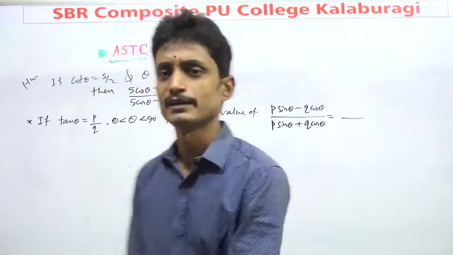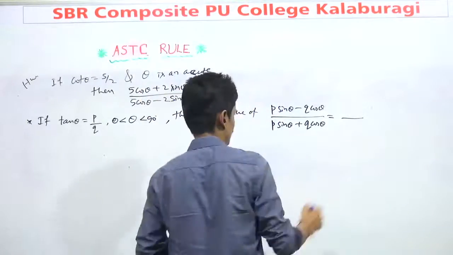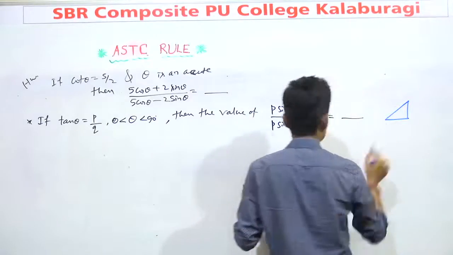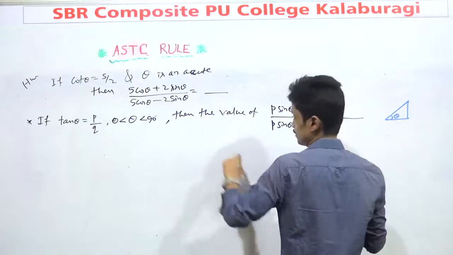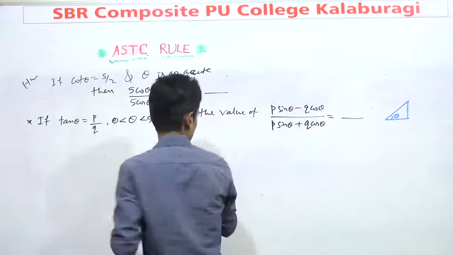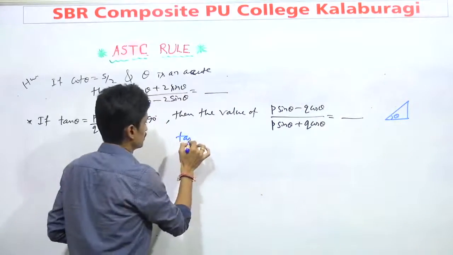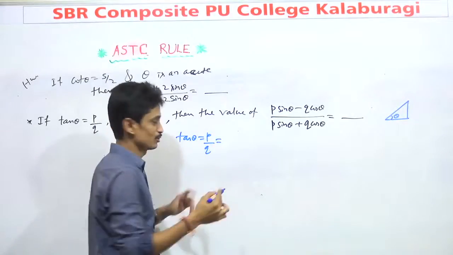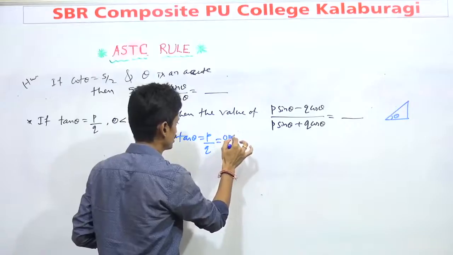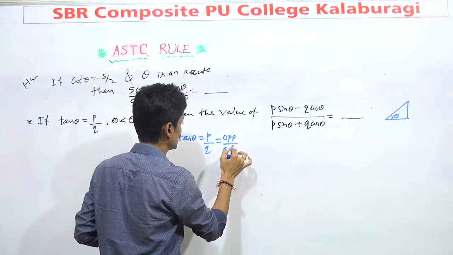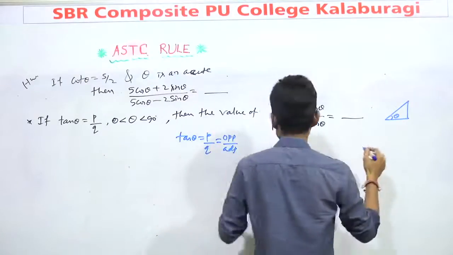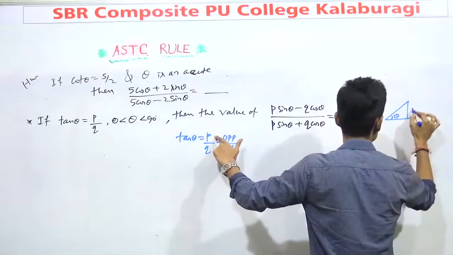How to simplify? Once again take a triangle, because theta will be in the first quadrant. Here I will write my theta. Tan theta is equal to p by q. Tan ratio, everyone knows, is opposite side upon adjacent side. What is the opposite side? According to them, it is p.